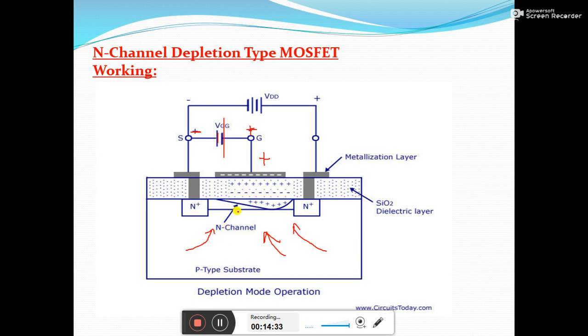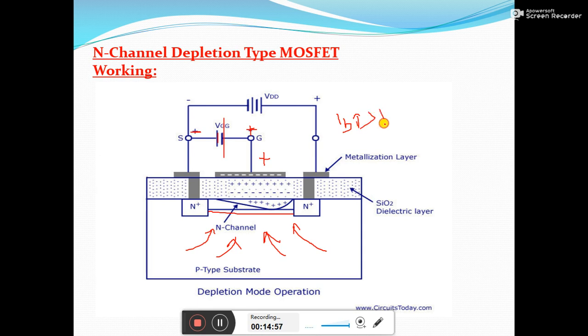Since more electrons are attracted from the substrate into the channel, the channel conductivity is now enhanced, or again the channel conductivity is increased.